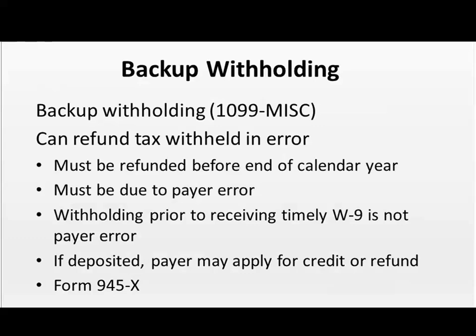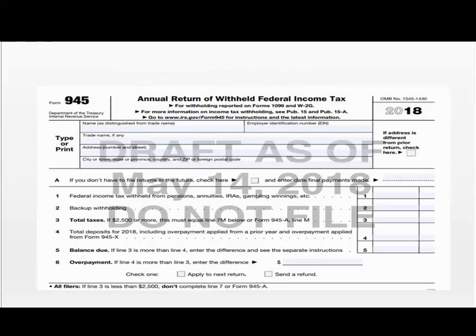Withholding prior to receiving a timely W-9 is not payer error. If it's already deposited, you can apply for a credit or refund. If you haven't filed your 945 yet, you do that on the 945. If you have filed your 945 already, you file 945-X to do that. 945 is an annual return.